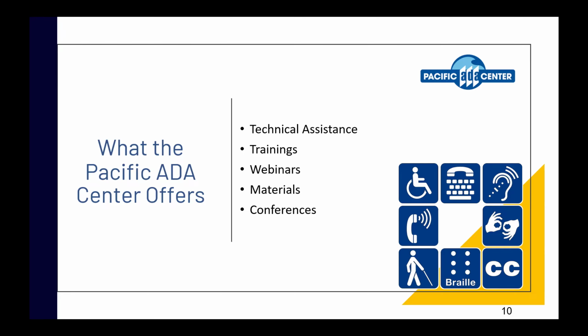We provide links and access to materials on the ADA and other disability civil rights laws. And each year we have a conference and a virtual conference, and we just had our virtual conference in March. People can register for it if they sign up for our email listserv, which we will give you information about at the end.